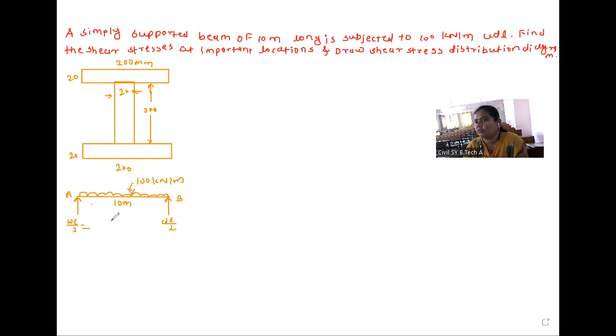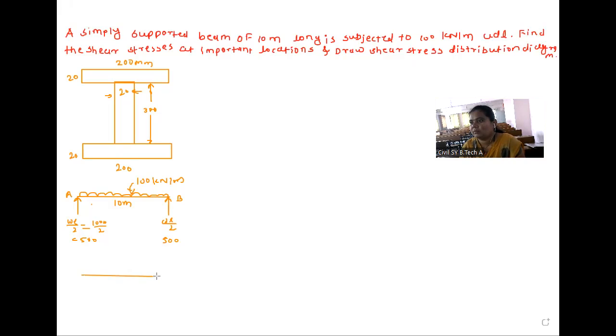So WL by 2 equals 100 into 10, that is 1000, divided by 2. So this is 500 and this is also 500. Okay, 500 kilonewton. Then we will draw the shear force diagram for this.